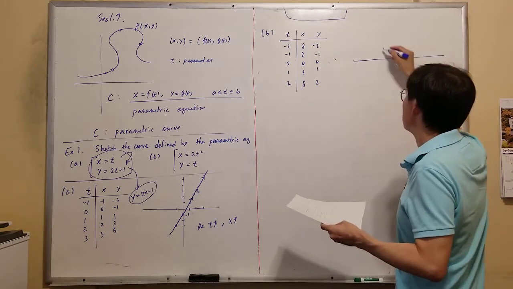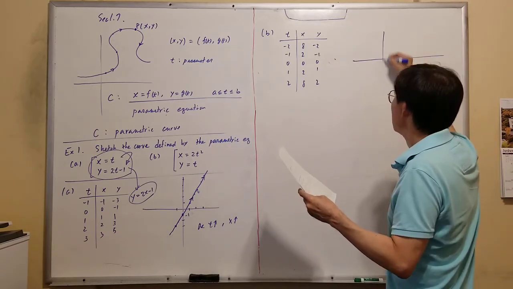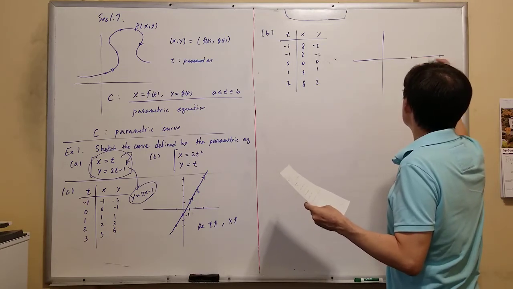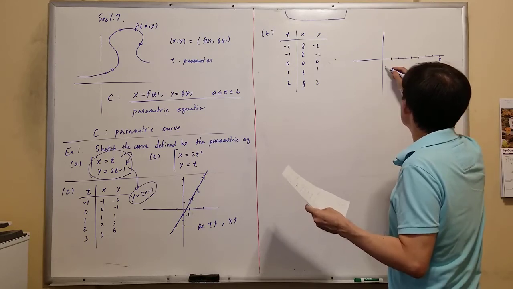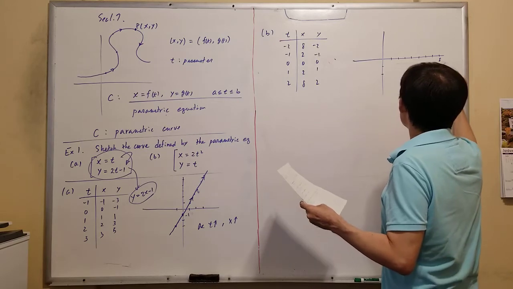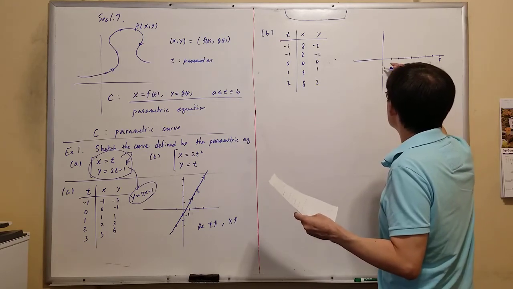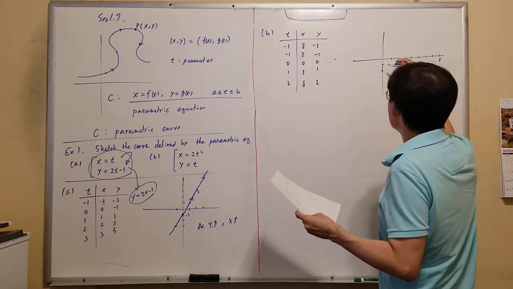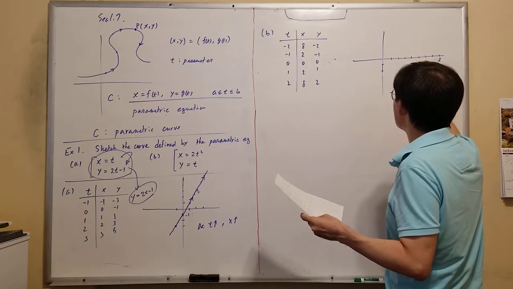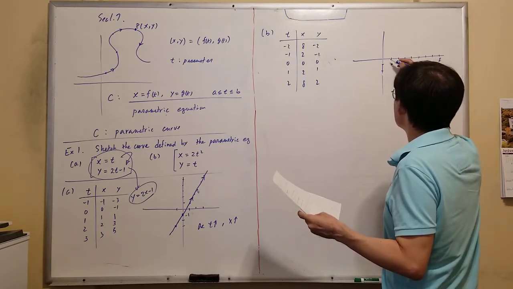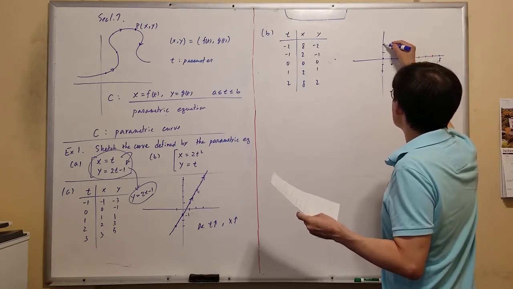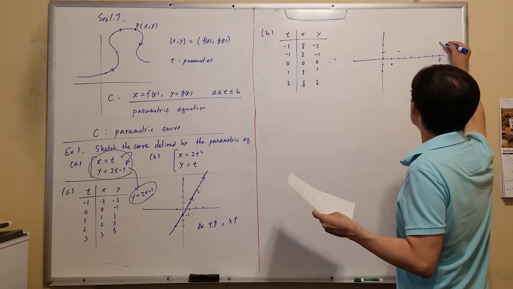So, 8, -2. And 2, -1. And 0, 0. 2, 1. And 8, 2. All right.